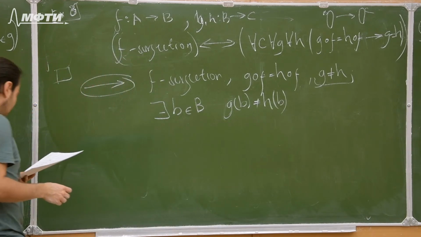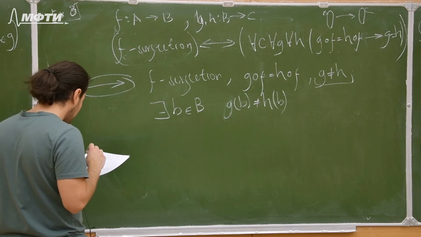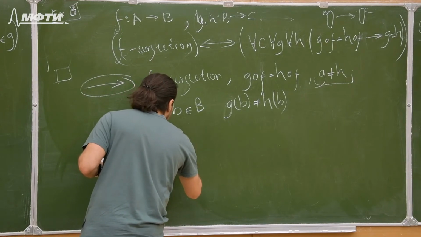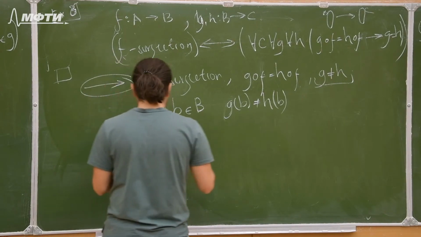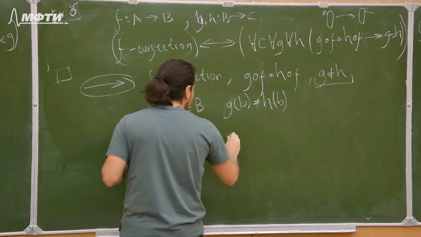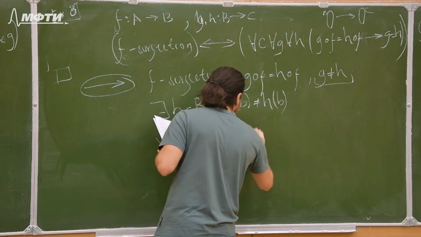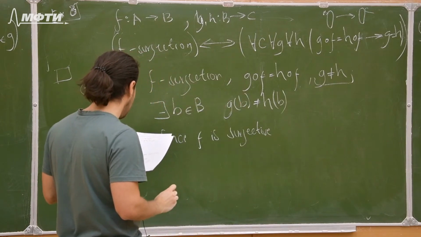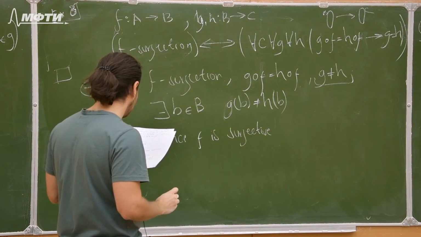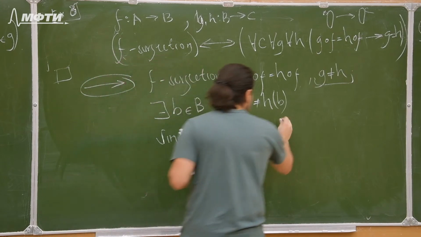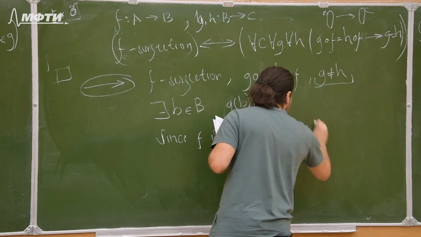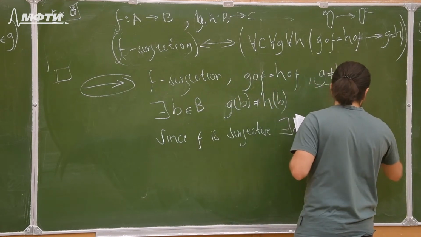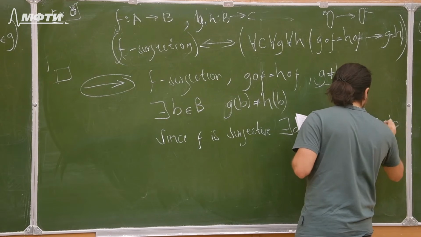And then it means, but look, since f is surjective, so we have that f is surjective, then there exists some a in capital A such that f of a is equal to b.